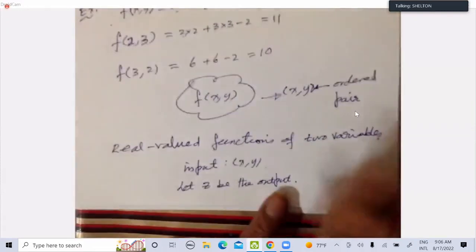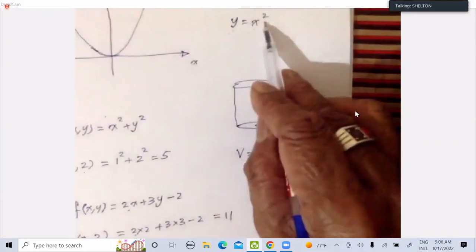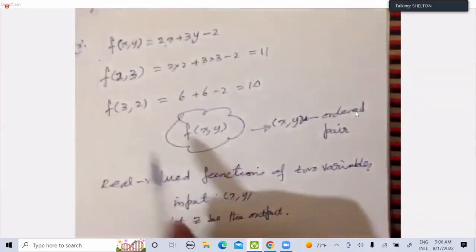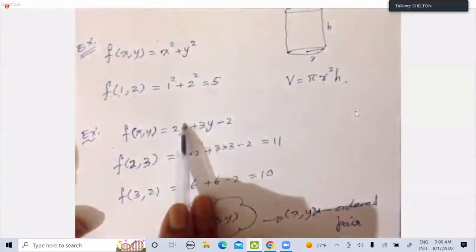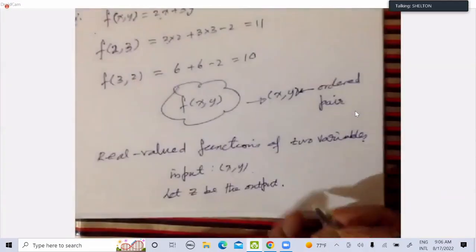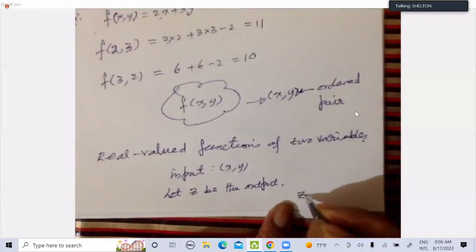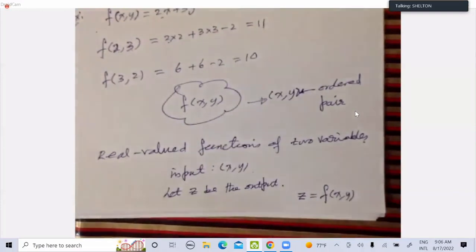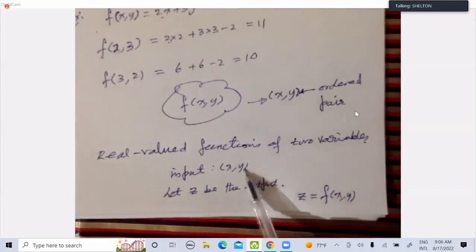Earlier we had y equals x squared. Now when f of x, y is something like this, any function of two variables, we need another letter to denote the output. z equals f of x comma y. y is not f of x anymore. y is an input variable.